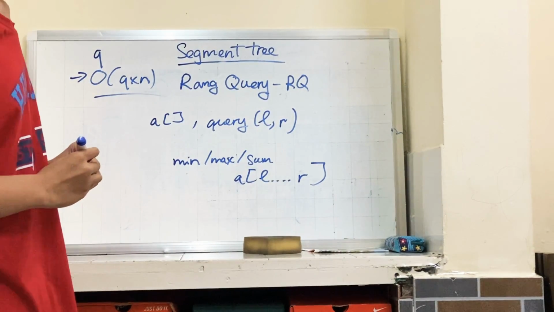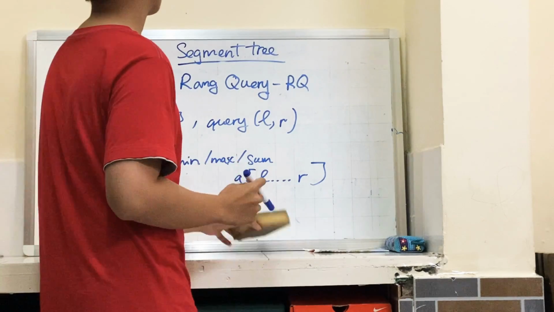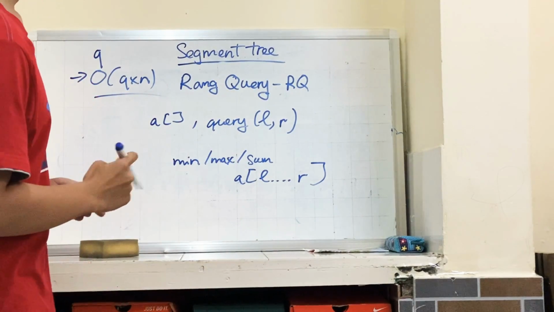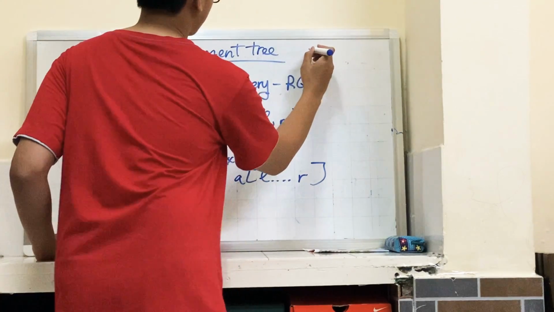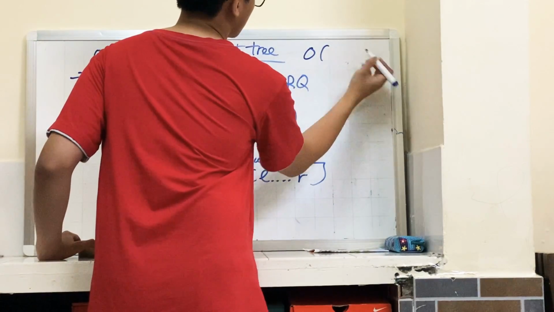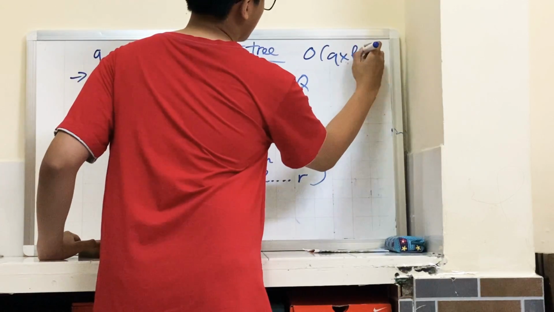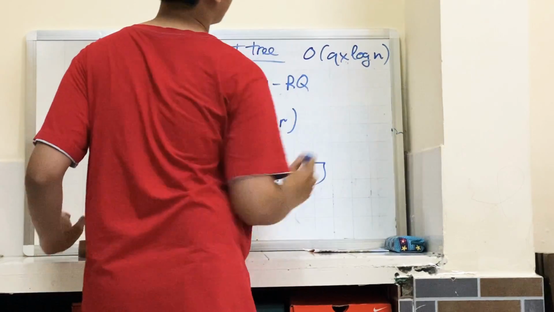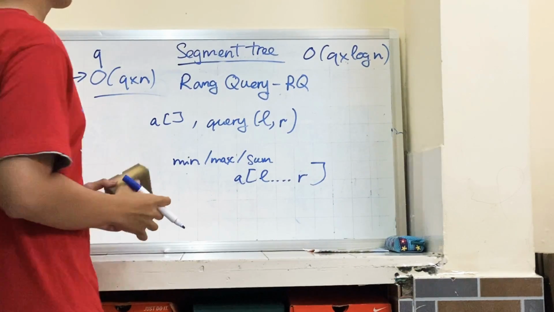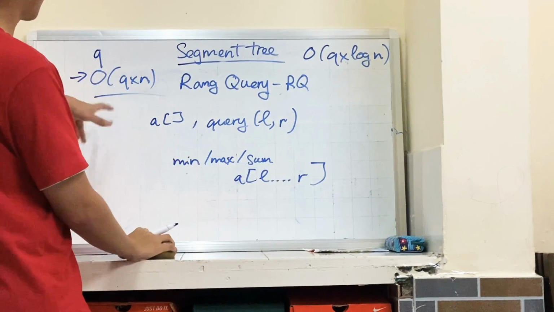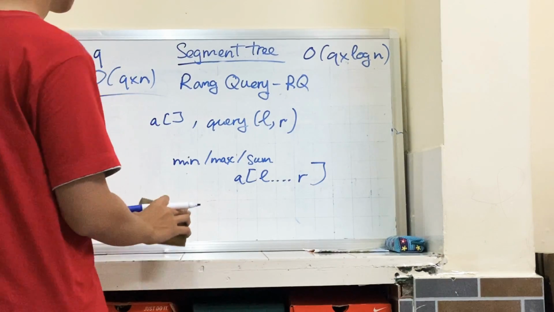So we introduce the segment tree. It will solve range query problems in a complexity of O of query times logarithm of n. It's pretty fast. It's faster than the naive approach.